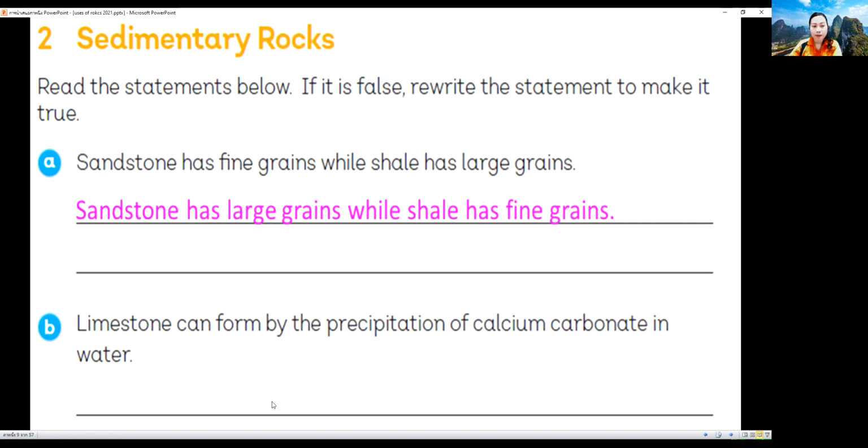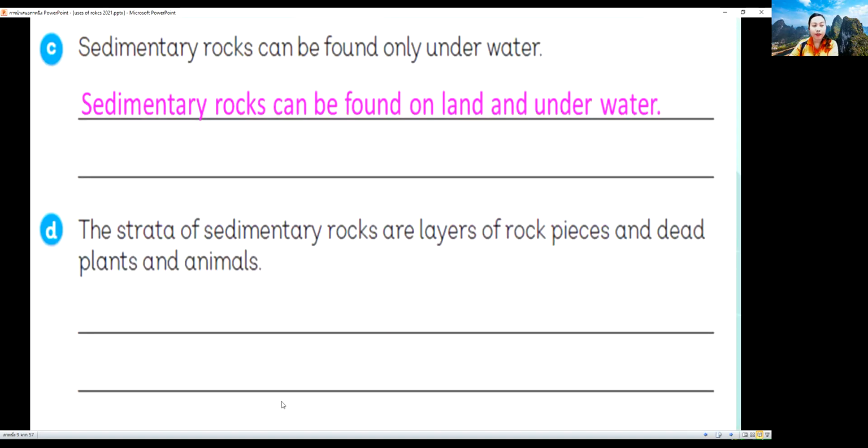For number 2, limestone can form by precipitation of calcium carbonate in water. So this one is correct. For letter B, it is correct, or true. So you don't need to write anything here for letter B. Now let's have letter C. It is also wrong. Why? Sedimentary rocks can be found on land and underwater, not only underwater.